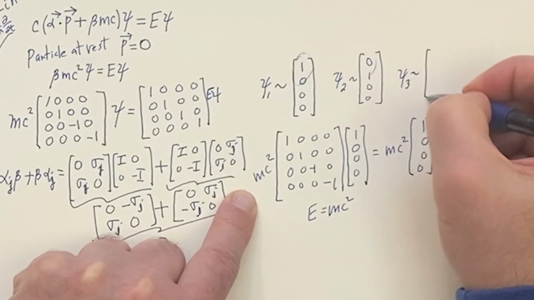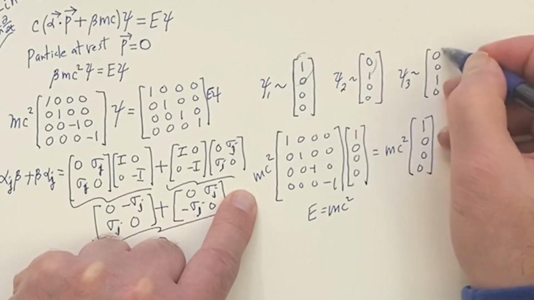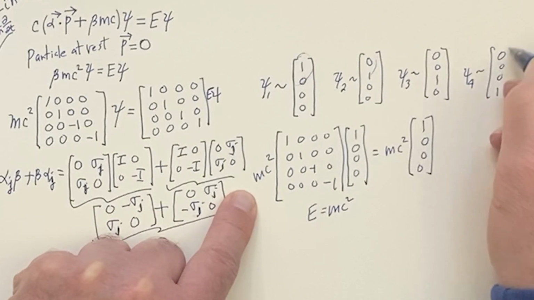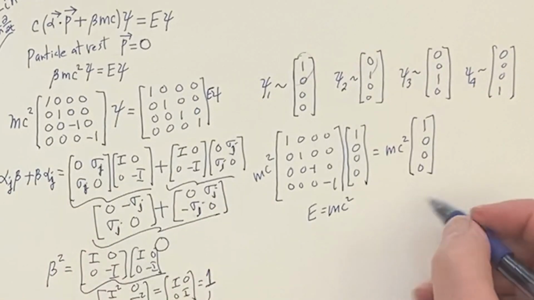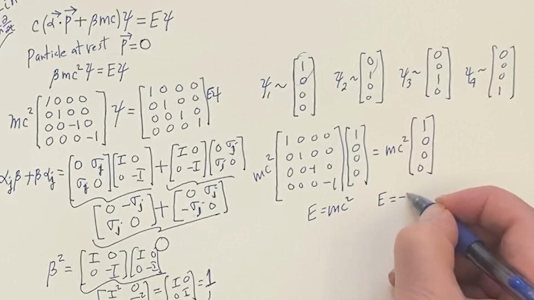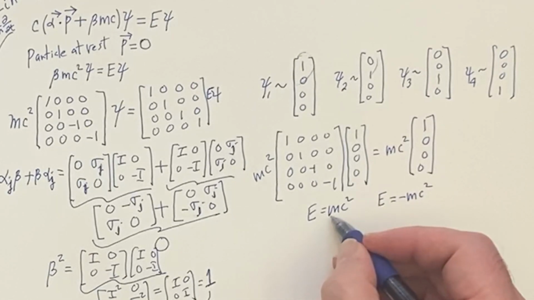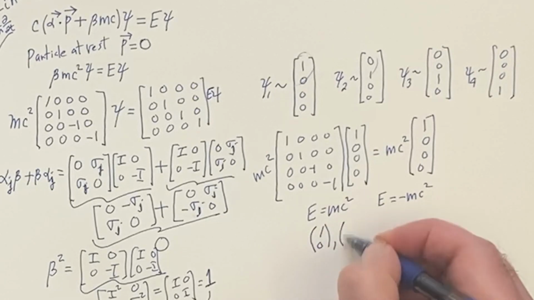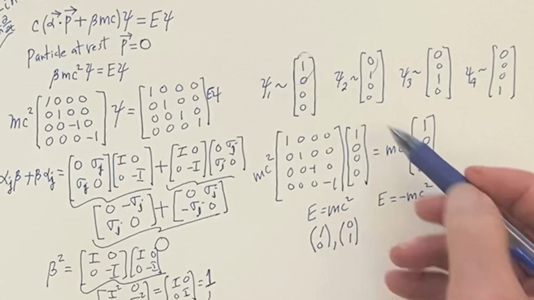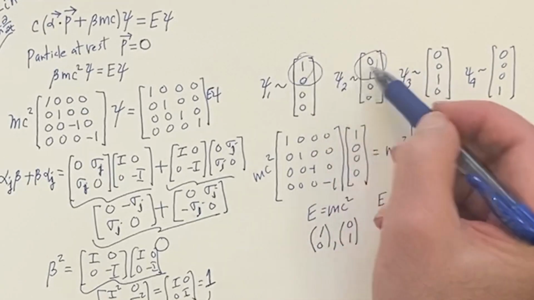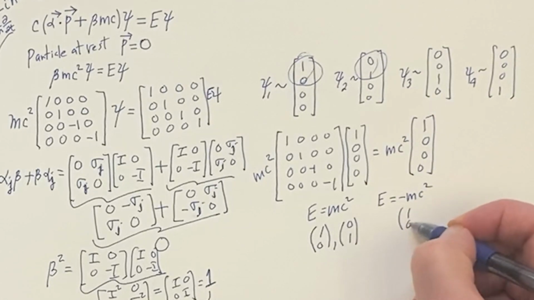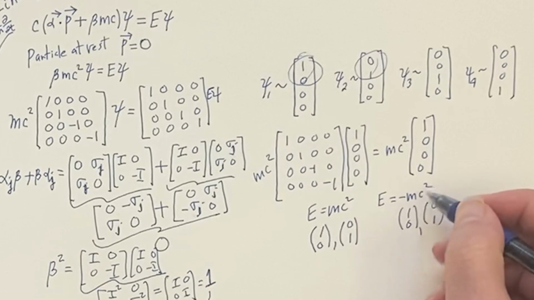So if we take this third one, and then we take here for the 4th one, we have 4 solutions. Looking at the top part, it's a spin up and spin down. And then this one, looking at the bottom part, it's a spin up and a spin down with the negative energy.